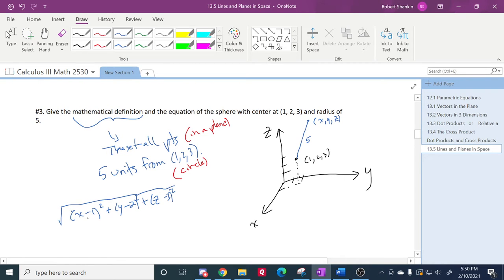That's the distance between those 2 points, and that has to be 5. Or we could square both sides, get rid of the square root, and have it 25 on this side. Okay, give me a little feedback on number 3, please.